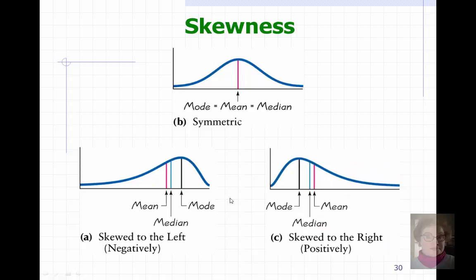When we have a positively skewed distribution, the mean is pulled further out in the tail. Now the median is going to be where we could balance this distribution. So if we cut this distribution out of foam core board and tried to balance it, the place it's going to balance is at the median, because you basically have half of the distribution above and half of the distribution below.